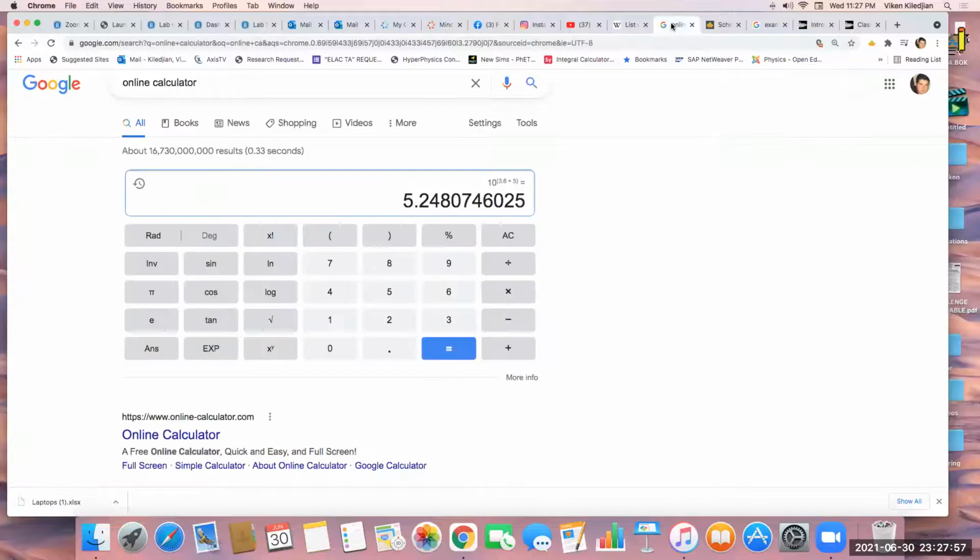Let's see. 10 to the power 3.6 divided by 5. 4.24. That's weird. 10 to the power 3.6 divided by 5. 5.25 parsecs.